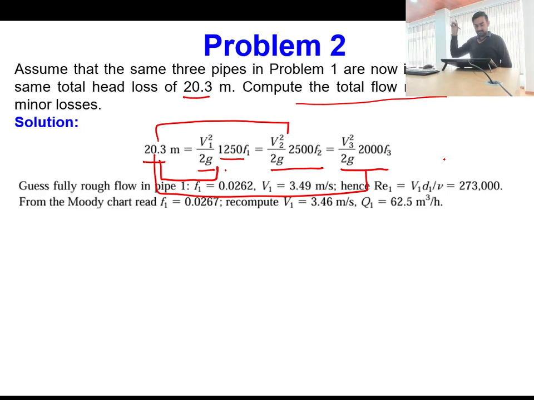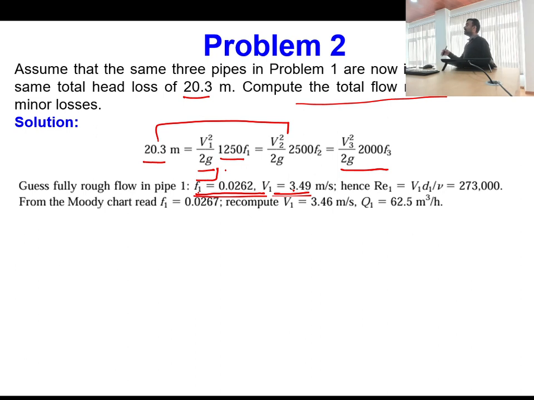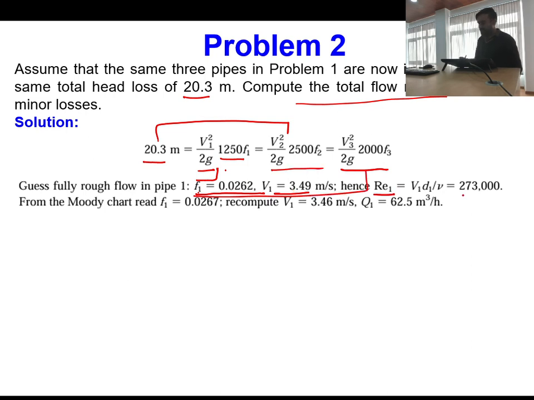So this is what I have done over here. You can see the value of friction factor for the first case for the rough design is 0.0262. By substituting this, if you calculate V1, it comes out to be 3.49 meters per second. Once you have the velocity, you can calculate the Reynolds number. If you calculate Re1 for the first pipe, it comes out to be 2,73,000.